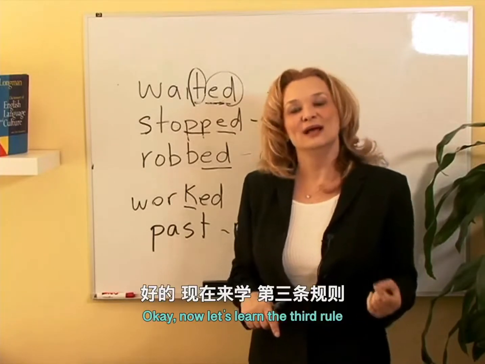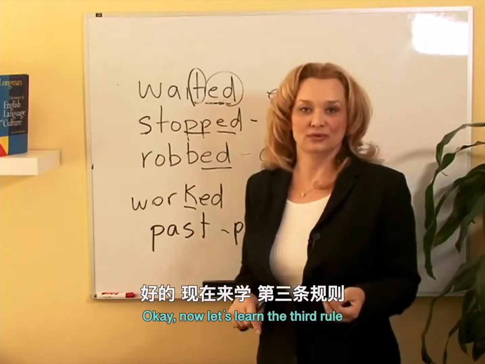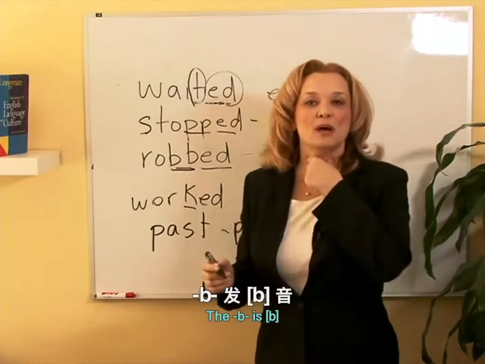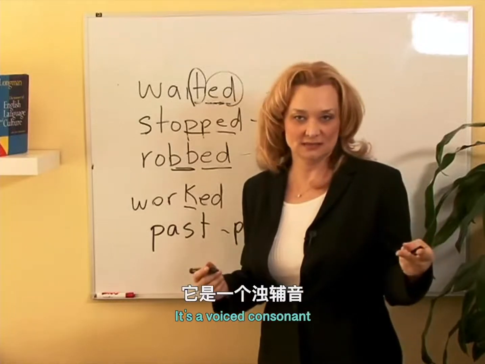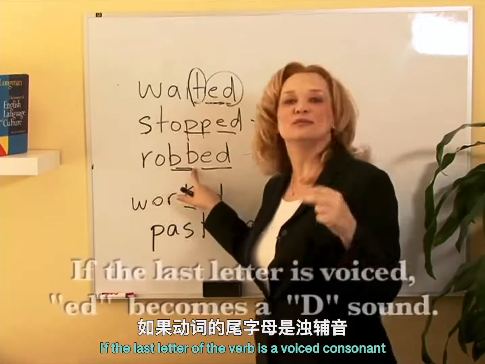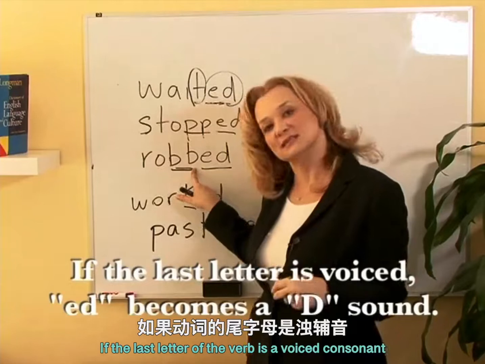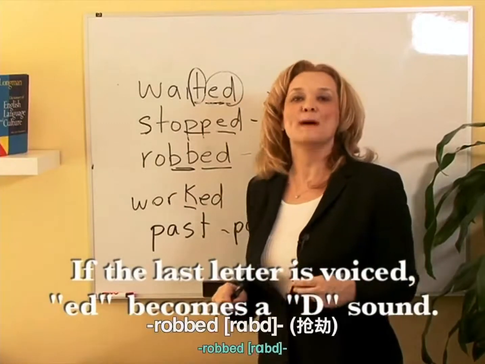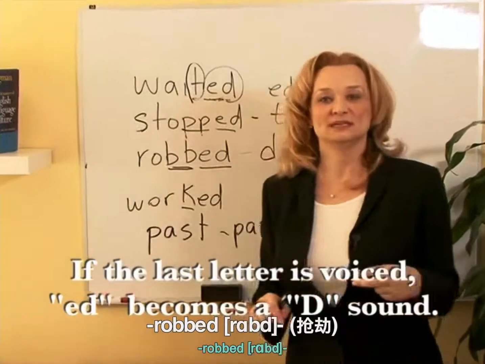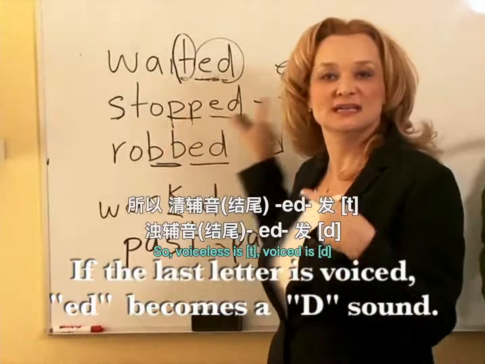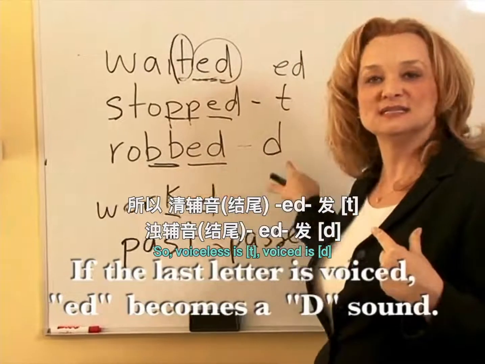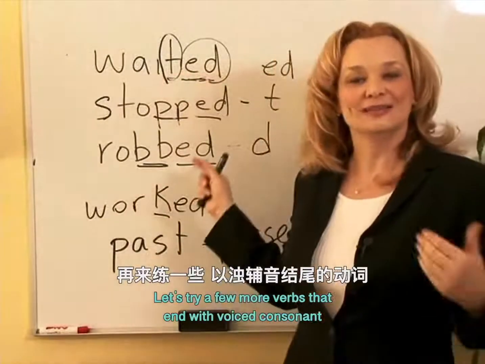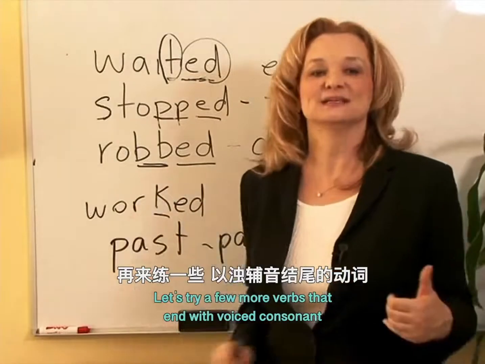Okay, now let's learn the third rule. Look at the B. The B is b, b. It's a voiced consonant. If the last letter of the verb is a voiced consonant, the ed becomes d. Robbed. So voiceless is t, voiced is d. Let's try a few more verbs that end with the voiced consonant.